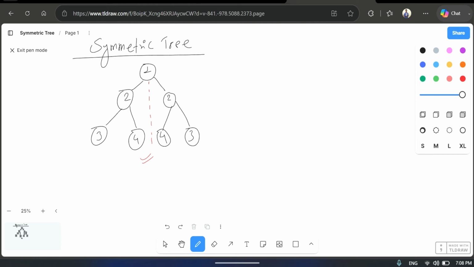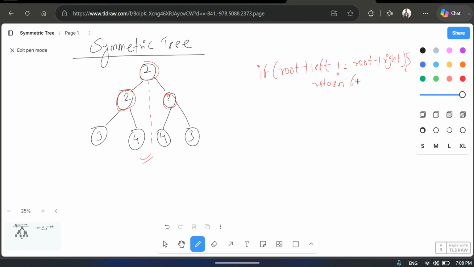Initially, you will check if your root's left node and then the right node are same or not. If they have a same value, so you will compare here. If you will compare it like this, if your root's left value is not equal to root's right value, then you can simply return false from here.